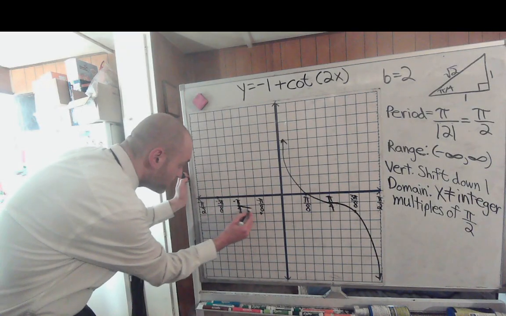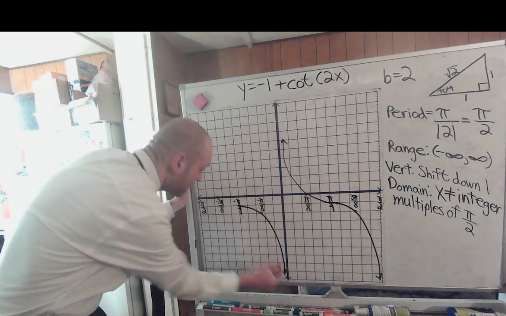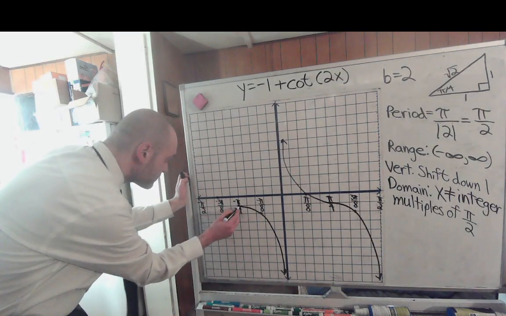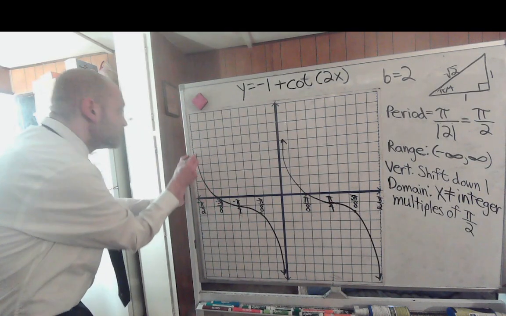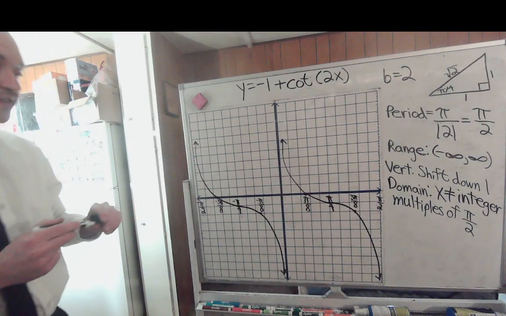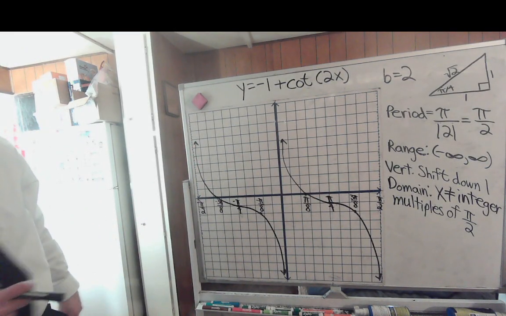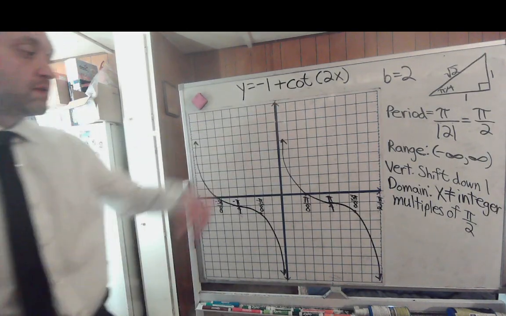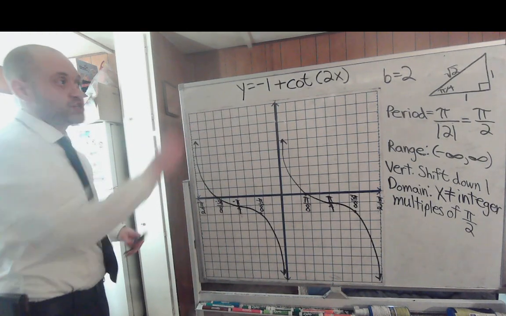So let's go ahead and graph this bad boy. And there you have it. There is your shifted, translated cotangent graph. And I got 2 more of each.